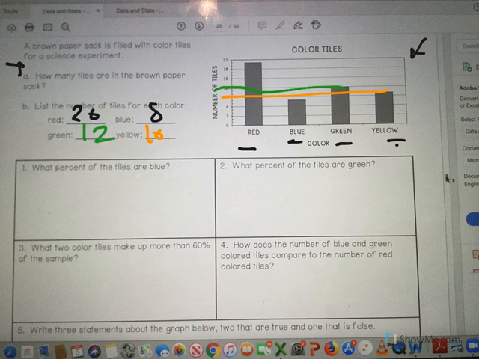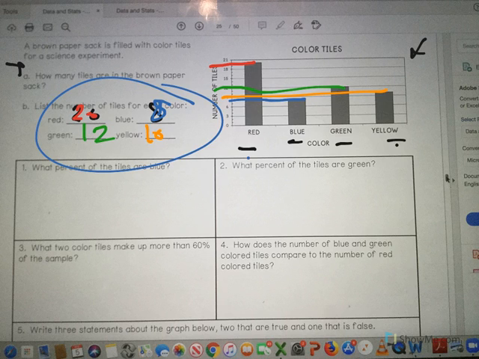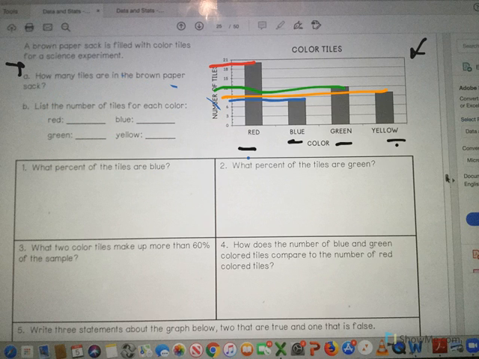There's 12. In red, if I draw a line across, that's 20. And in blue, that's 8. Okay? So that's a little bit more colorful. How many tiles are there in total? Well, it's easy. We just add all those up, and you get a total of 50 tiles. Just notice that where the bar ends, we go across to figure out our number.